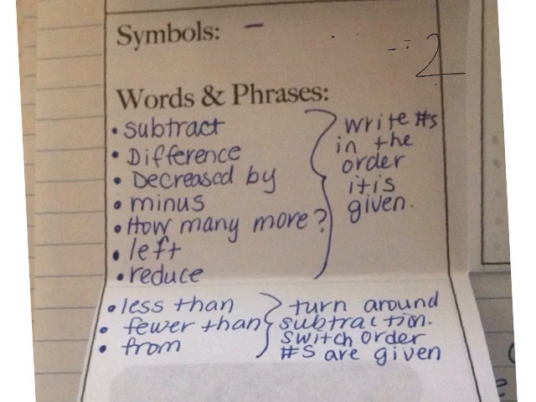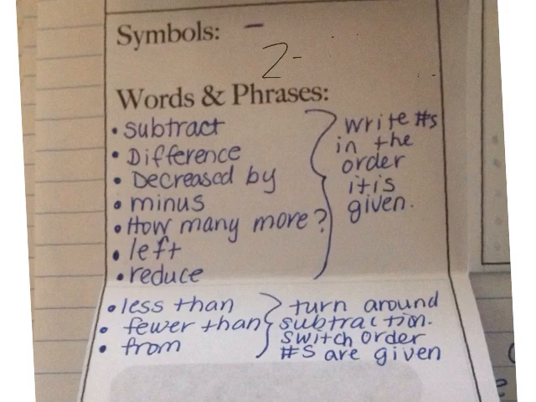These next 3 that I have down here are something called turnaround subtraction. So you turn around the order that the numbers are in. You switch them: less than, fewer than, from. Anytime you have the word from, so subtract from, you're going to have to turn it around. So if you hear, what is 2 less than 5?